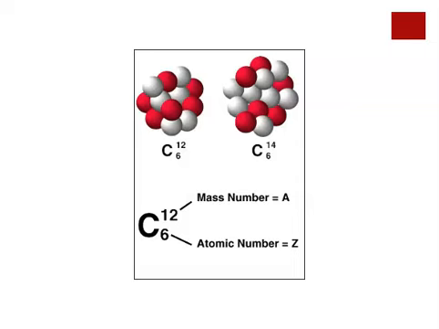Isotopes have different numbers of neutrons in them. So we talk about carbon-12, and we also talk about carbon-14. Carbon-12 has 6 neutrons in it. Carbon-14 has 8 neutrons in it. Just 2 versions of one element that happen to exist on planet Earth.